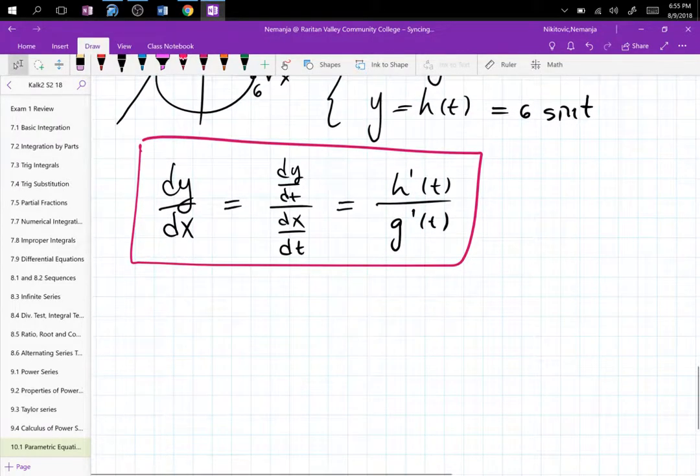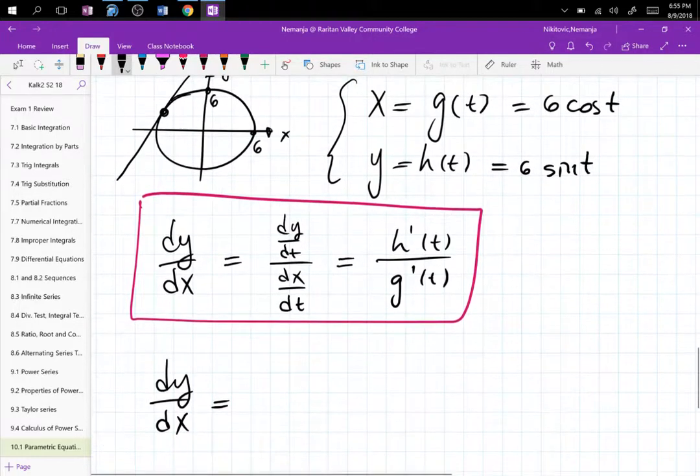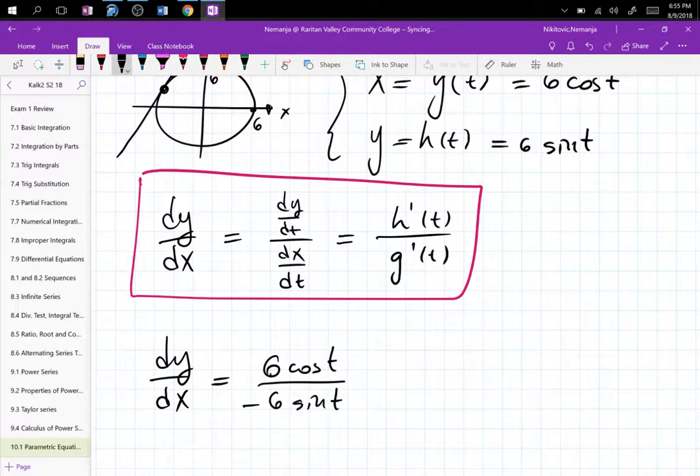So now if I want to find the derivative of the circle, yeah, we can use implicit differentiation, but we can also find the differentiation here as dy/dx is equal to, and now the derivative of h, h prime, so that's 6 cosine t divided by negative 6 sine t, which is equal to negative cotangent t.